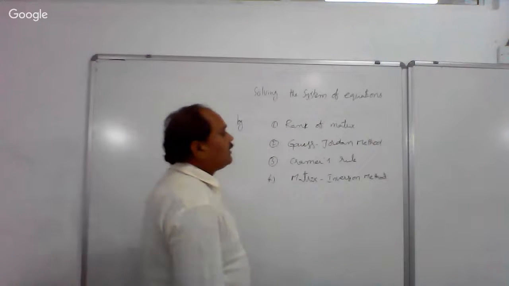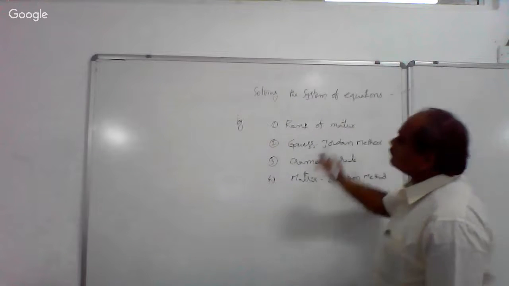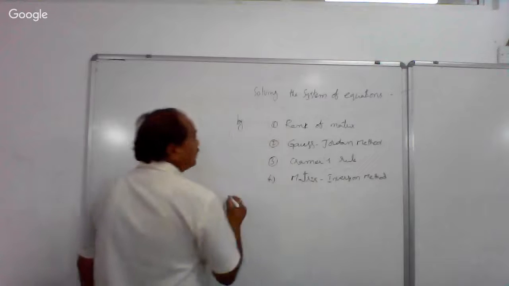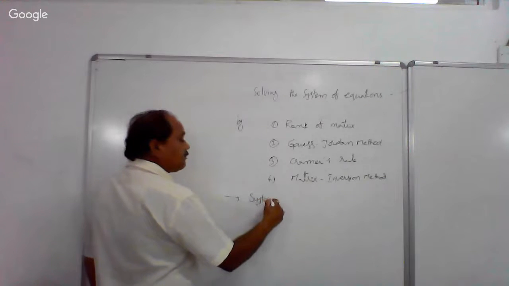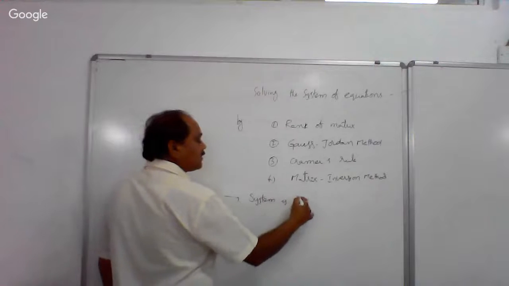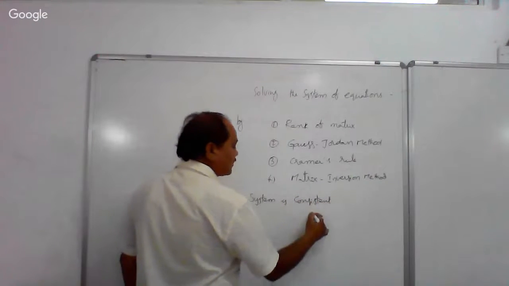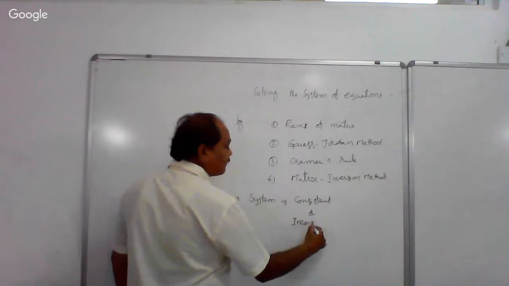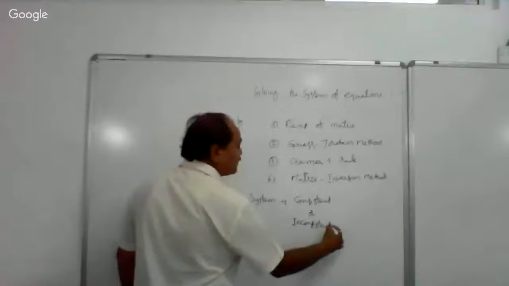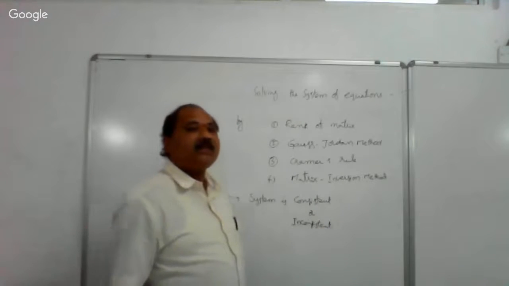Here, suppose the system of linear equations is consistent or inconsistent. First of all, we have to find whether the given system is consistent or not.